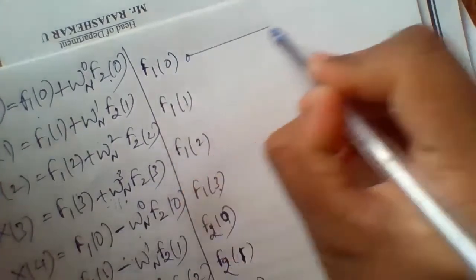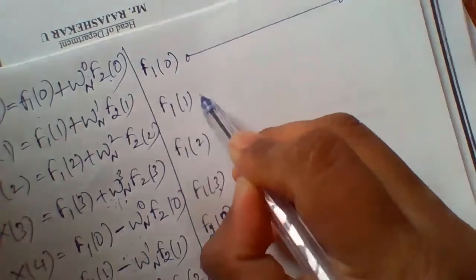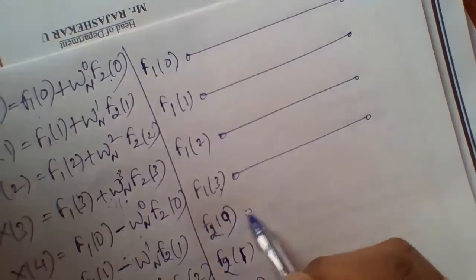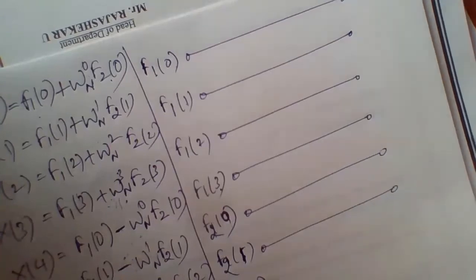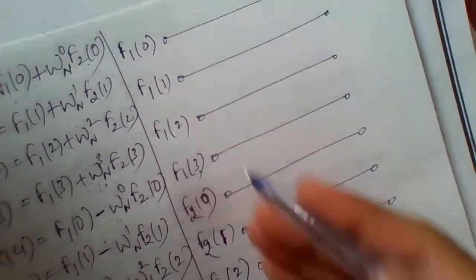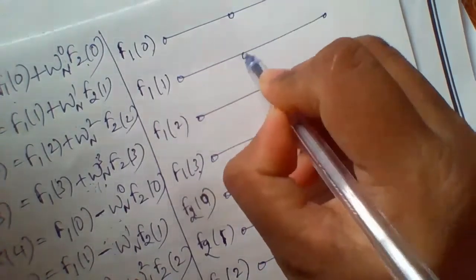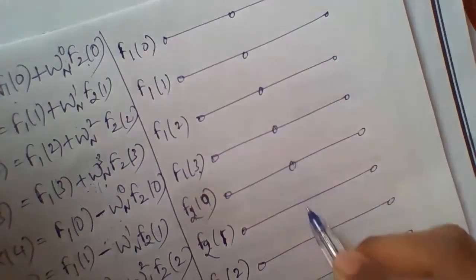Then I have to represent the dual factors as well as their branch signs, everything. So draw the 8 lines, and on the first part leave some space to write the dual factor values.